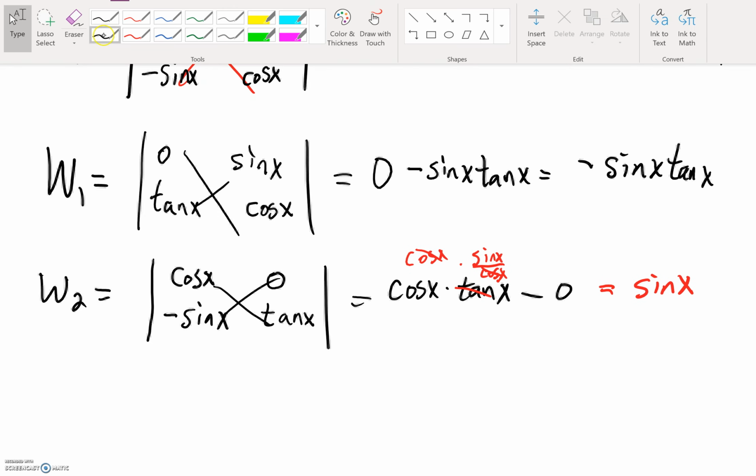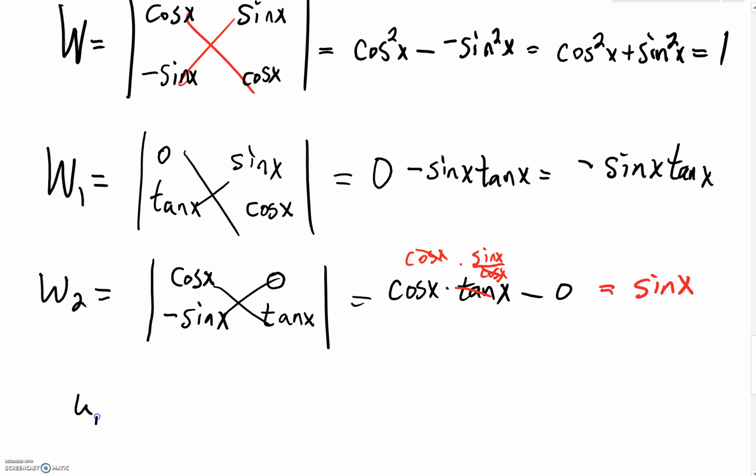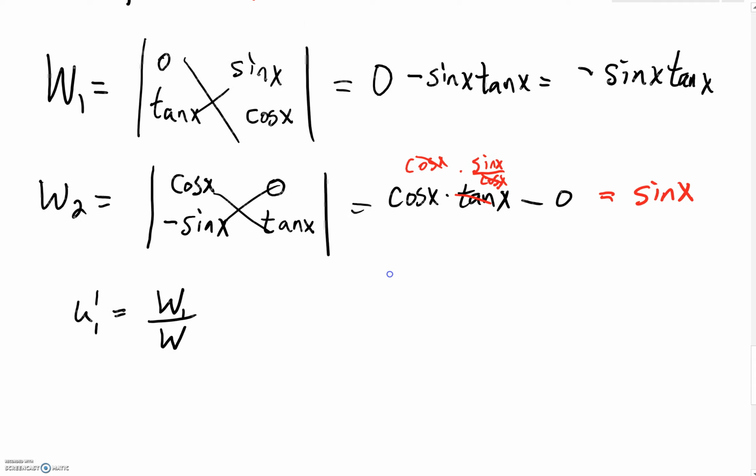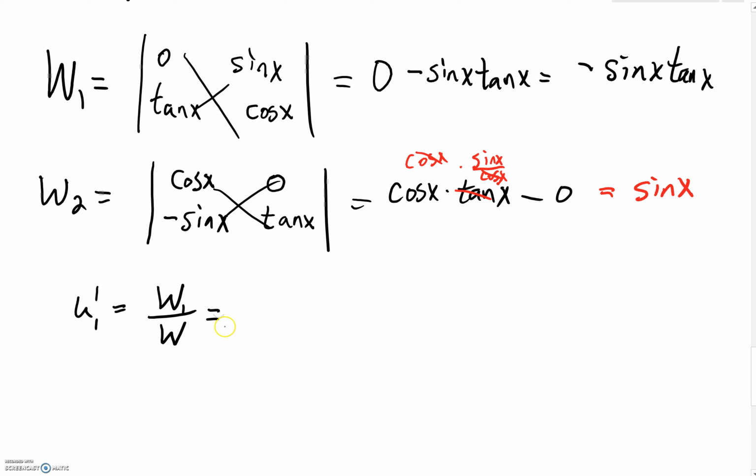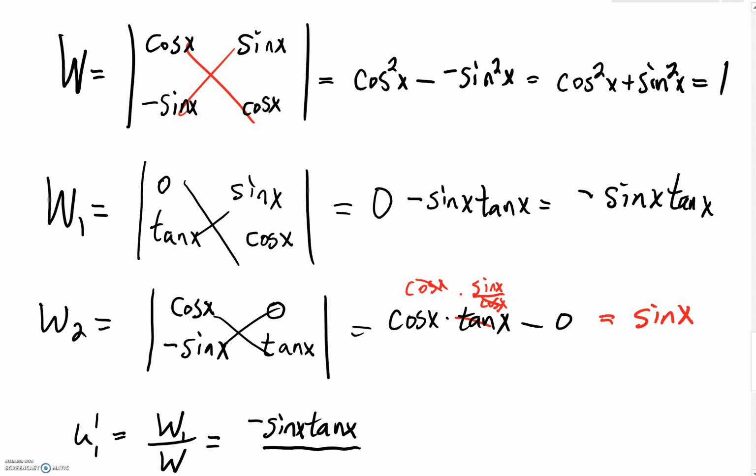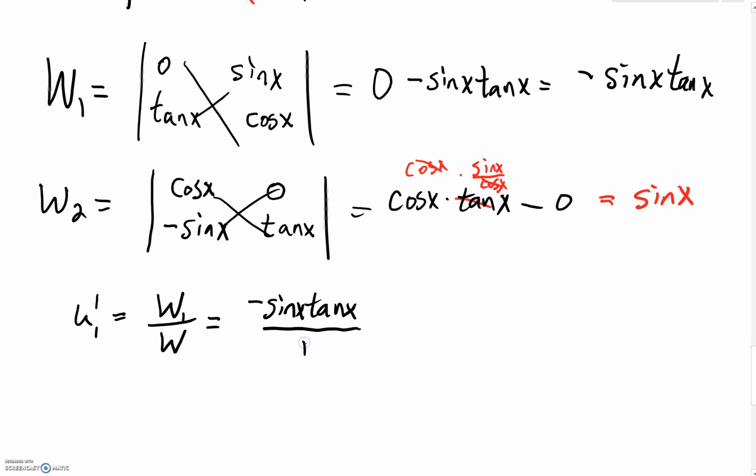First of all, u sub 1 prime, the derivative, is W sub 1 over W. And W sub 1 was this negative sine of x, tangent of x. And W, you might remember pleasantly, is just a 1, right?